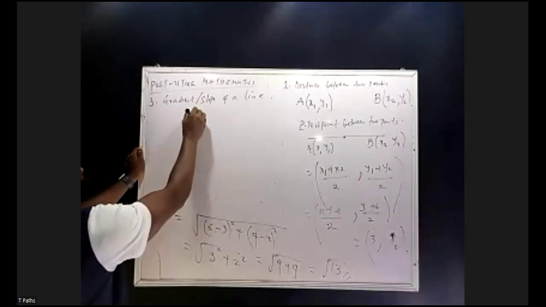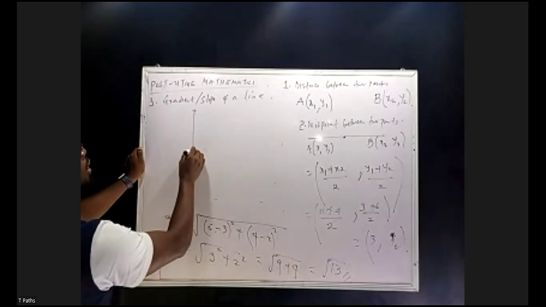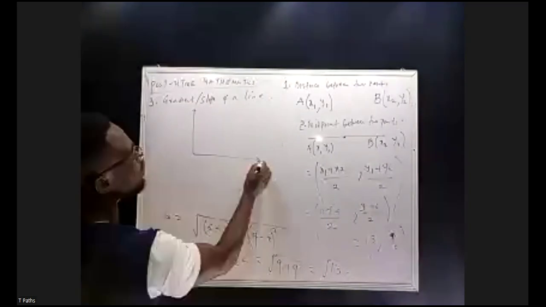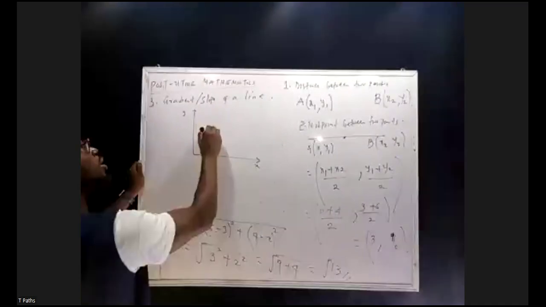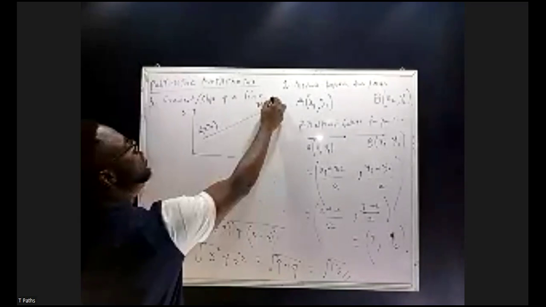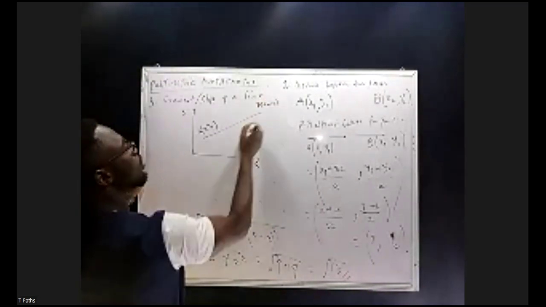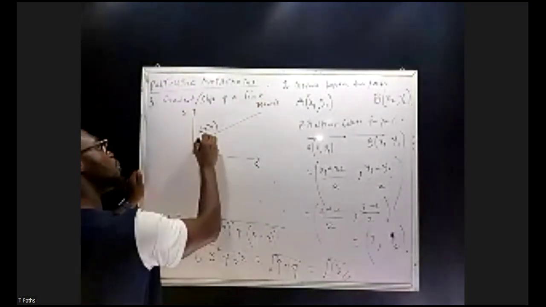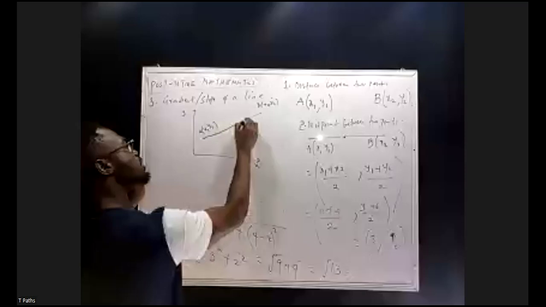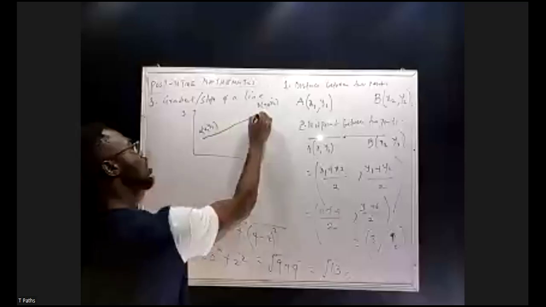Now, come back to this thing that I gave you the idea of when I started the talk. This is y and x. If I have a point, I have another point here, B, x2, y2. Now, this point A and point B have been joined with a straight line.